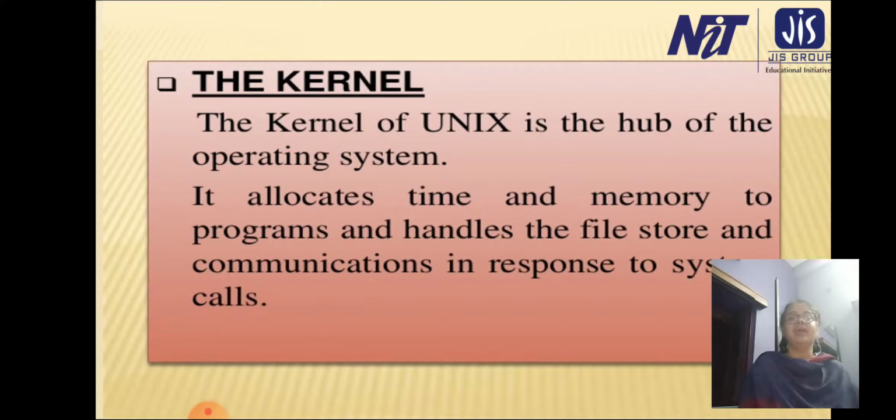Device drivers act as a mediator, or interpreter, between the hardware and the processes. System calls and security: it receives requests for service from the processes.